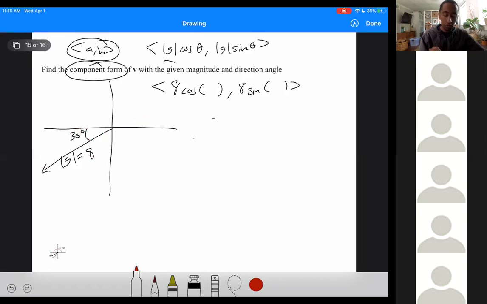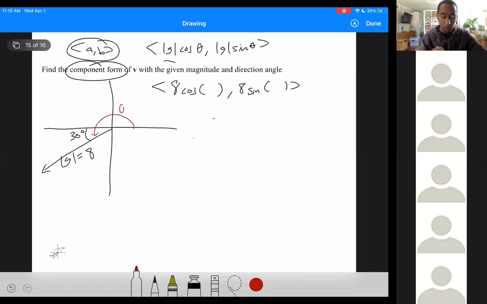If the vector was over here, and this was 8, and then this was 30, then yeah, we could put 30 right here. But because our vector is over here, we know that our components have to be negative, and this has to be negative. And the only way to get negatives is when your angle starts getting bigger than 90. So we're going to have to use this angle.